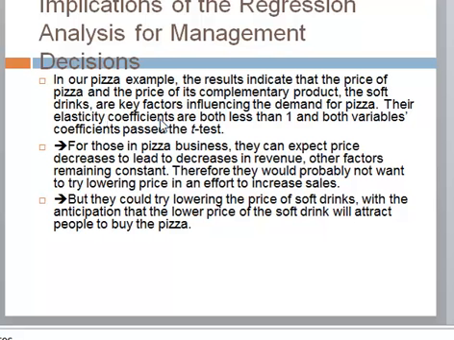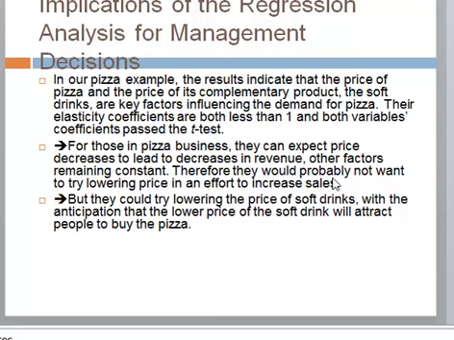Their elasticity coefficients are both less than 1, and both variables' coefficients pass the t-test. It means that those in the pizza business can expect price decreases to lead to a decrease in total revenue, other factors remaining constant.